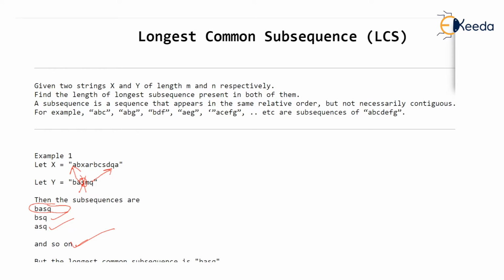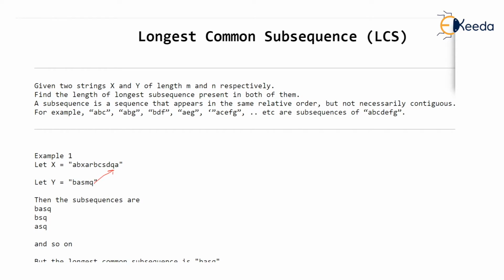You will agree that A and Q taken in that sequence, left to right, are in the same sequence in both the strings. So A and Q is also a common subsequence. So somebody will argue, in that case, sir, Q is a common subsequence.